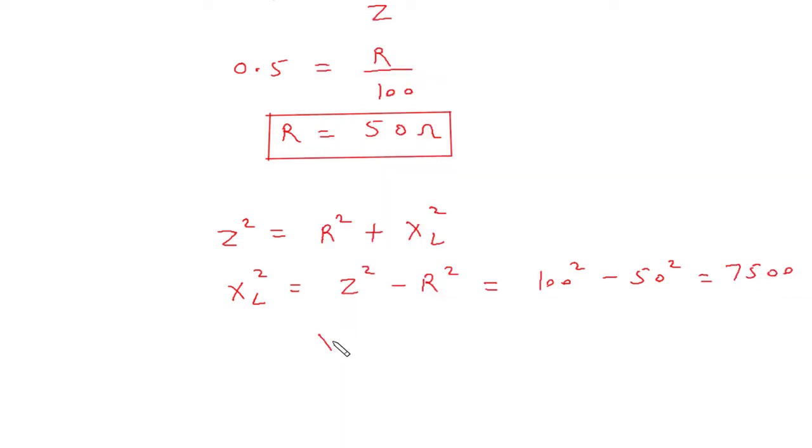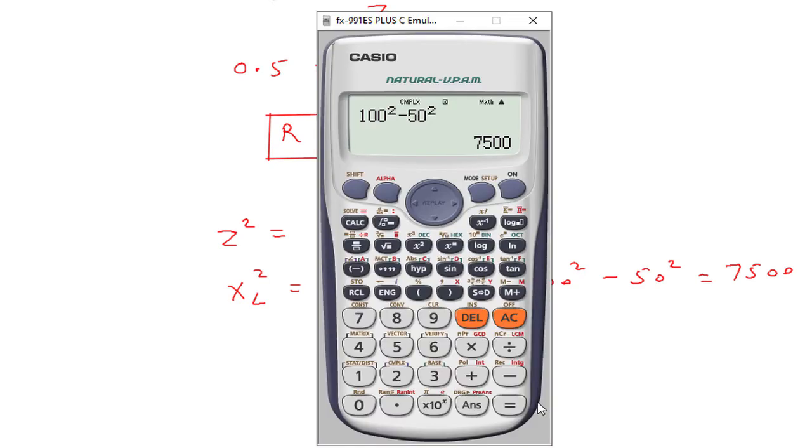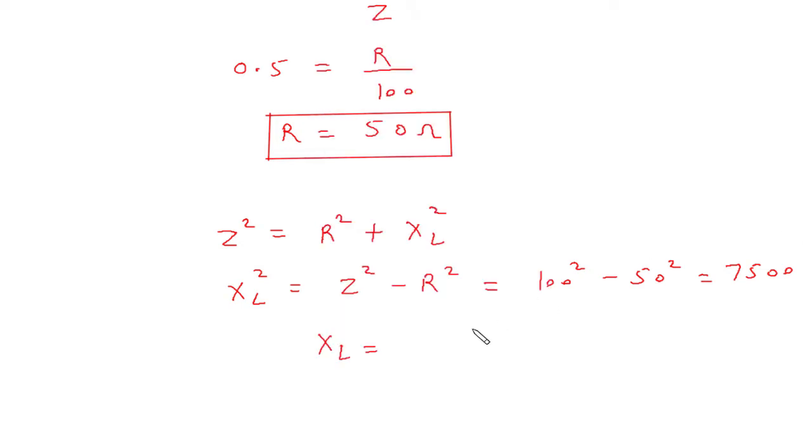Therefore XL is equal to under root of 7500. It is 86.60. The unit of inductive reactance is ohm.